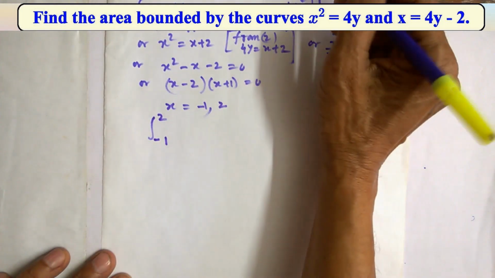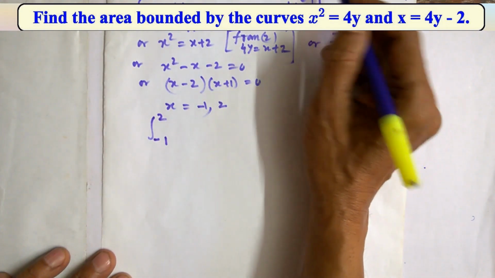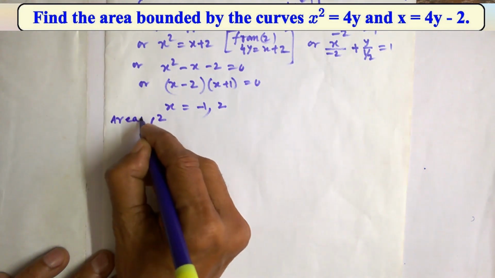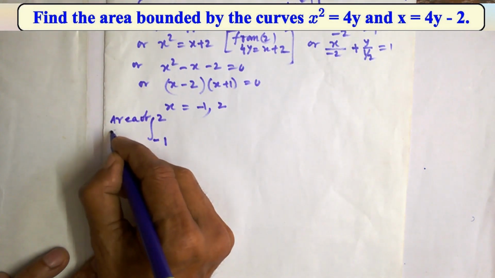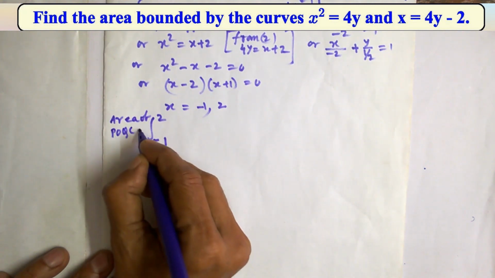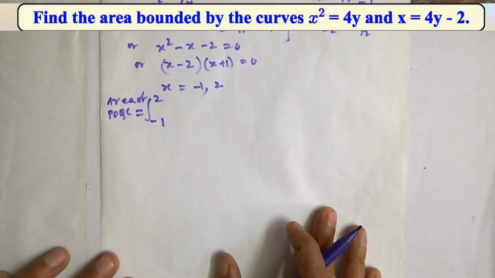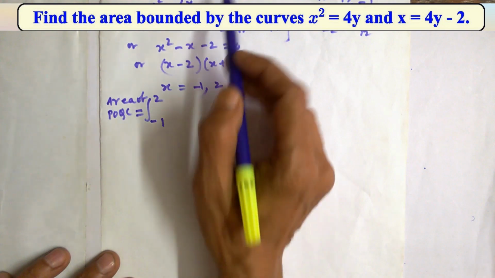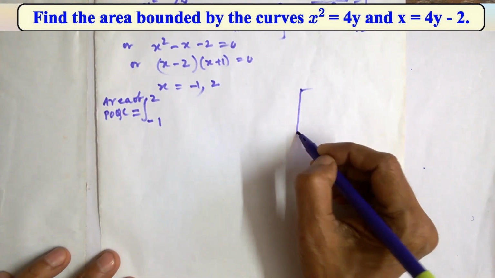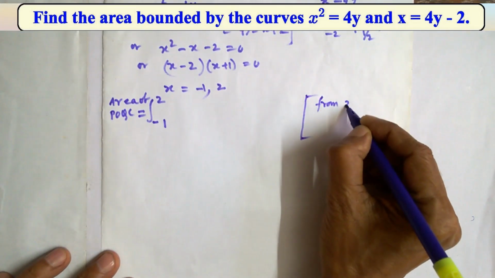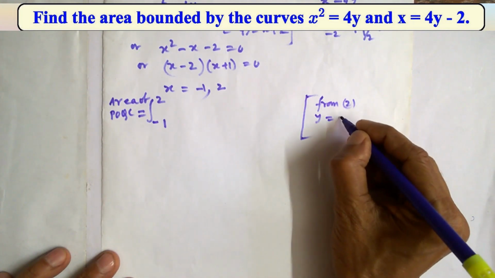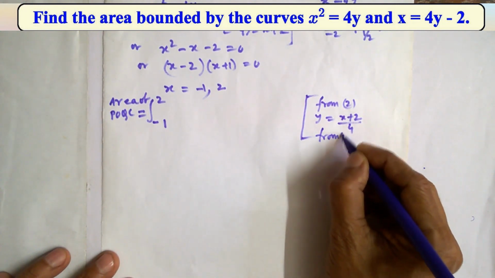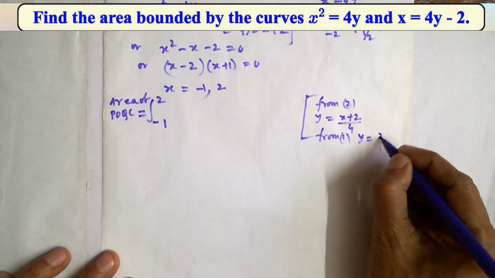Here we may give another name, C. Area of POQC is equal to, what will be the upper curve, the equation of the curve PQ, finding y from equation 2, y is equal to x plus 2 by 4, and from 1, y is equal to x square by 4.